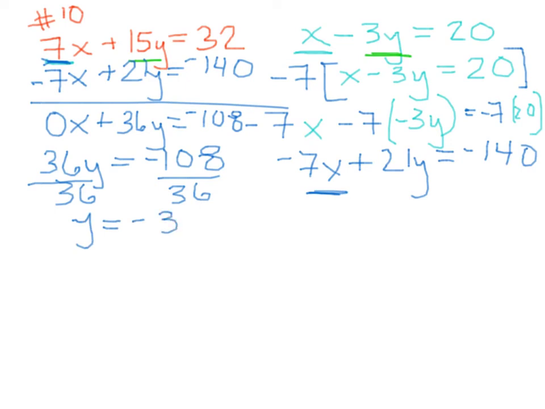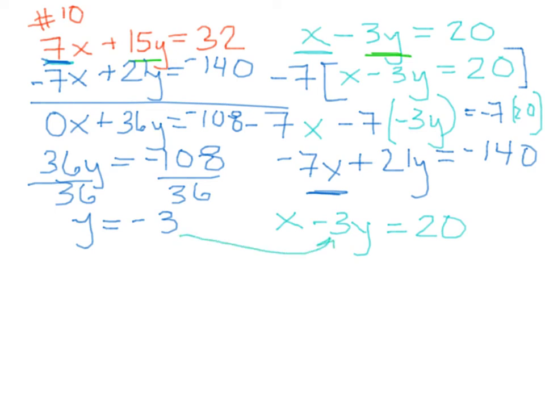Since y is equal to negative 3, I'm going to plug it into the blue equation we started with. So I have x minus 3y is equal to 20. Now I'm going to plug this in for y.